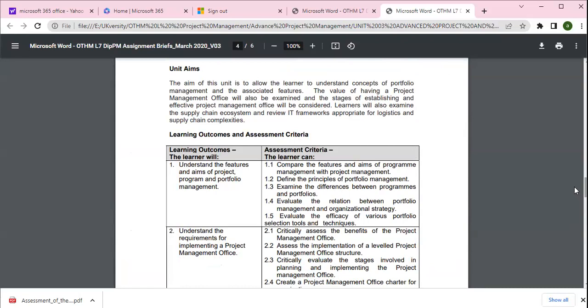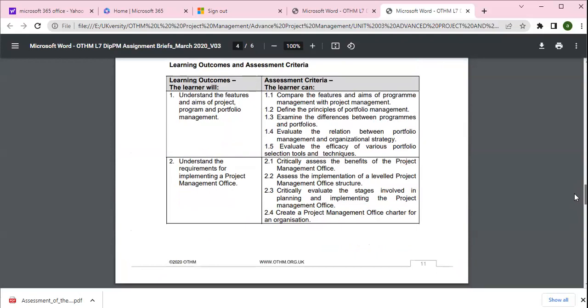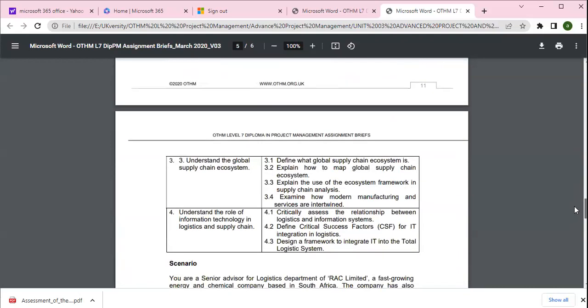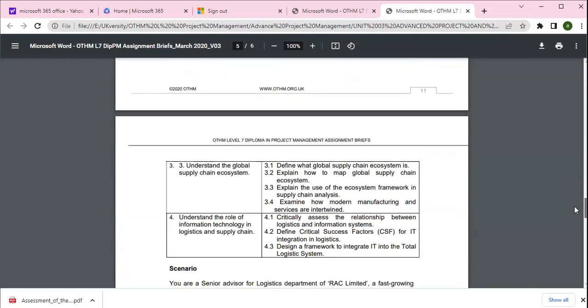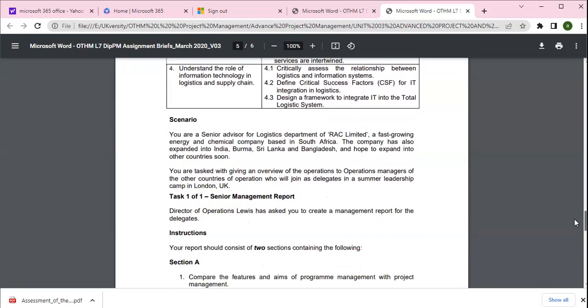Second session, we discussed LO2, which is, you can open the slides of lesson 2 when you address this. Understand the requirements of implementing the project management office. Lesson 3 was understanding the global supply chain, and lesson 4 was about technology, critical success factors, what is meant by an IT. That was all.